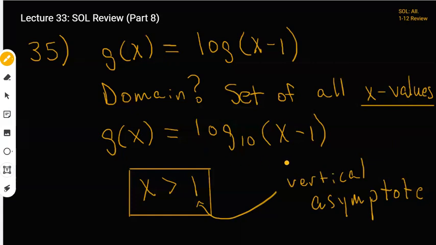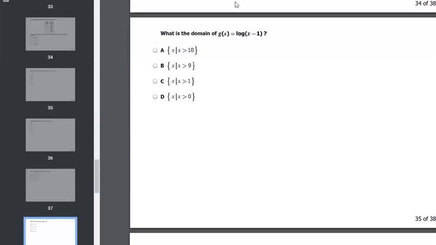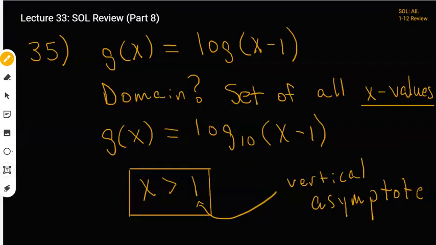And the way you can tell is you got an x minus 1 on the inside. That should give you a hint. That's how you know what the vertical asymptote is if you didn't graph it. And that's going to be C. X is greater than 1.